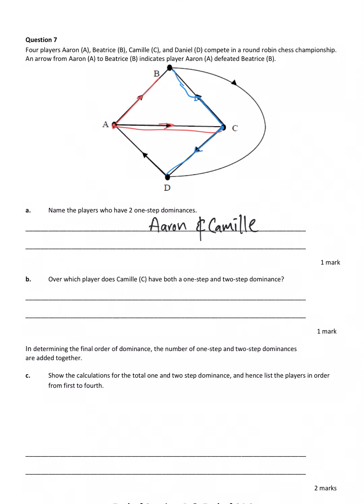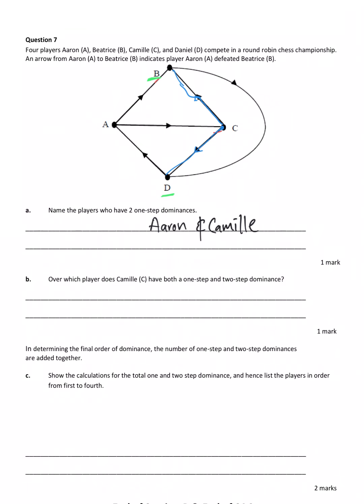Over which player does Camille have both a 1-step and a 2-step dominance? If we look back at the blue arrows, Camille has a 1-step dominance over Daniel, and Camille has a 1-step dominance over Beatrice. So it's asking which player Camille has both a 1 and a 2-step dominance over.